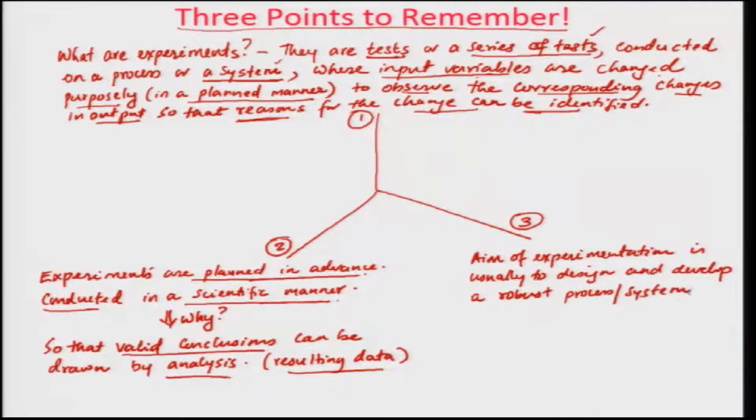So, the main aim, why do we do experimentation? We usually like to design and develop a robust process or a system. So, what is a robust system? What does robustness mean? When you say robust, what does it mean?